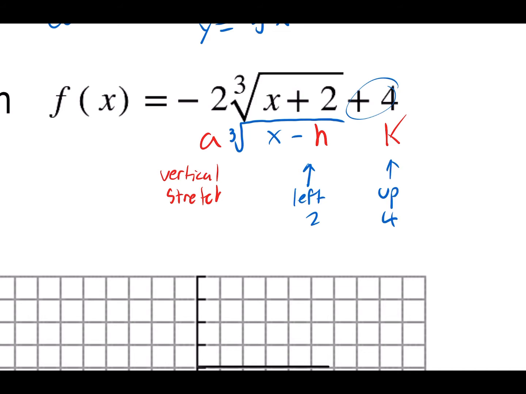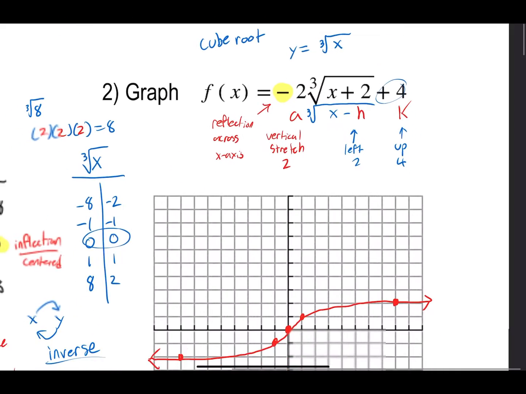Why stretch? Because it's 2. Not the negative, just the 2. So, vertical stretch of 2. What does the negative do? Its own transformation, all by itself, a reflection across the x-axis, which means we flip the function from top to bottom.